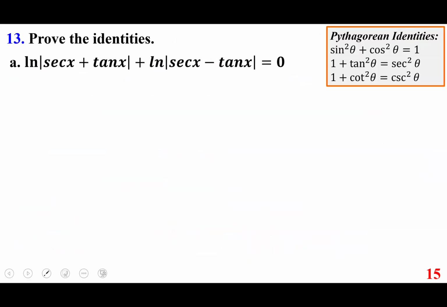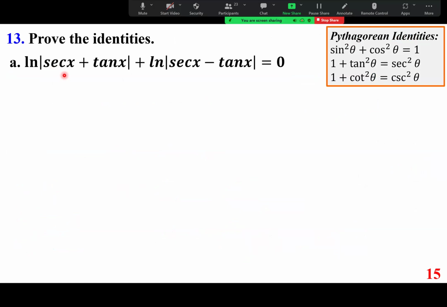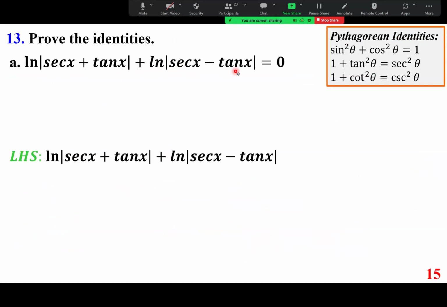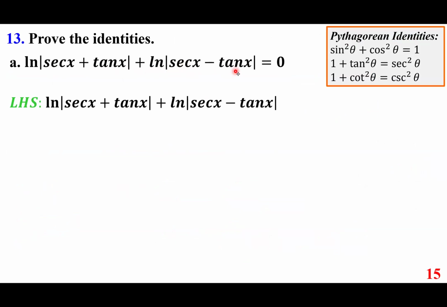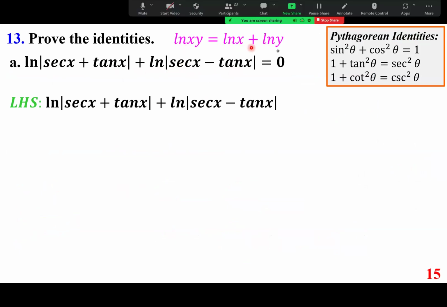We want to prove the identity: ln of the absolute value of secant x plus tan x plus ln of the absolute value of secant x minus tan x equals 0. And so we are going to start with the more complicated side, which is the left-hand side. We also remember the product rule, which says ln of xy is ln of x plus ln y.